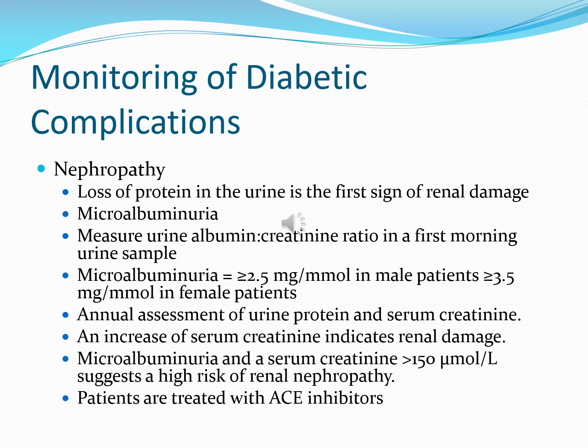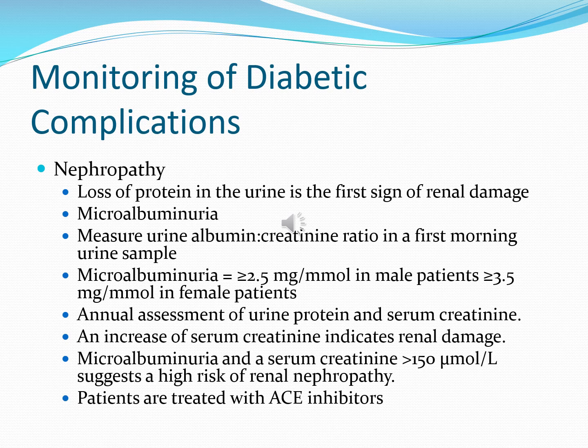So let's look at how, from a laboratory perspective, we can monitor some of the diabetic complications. First of all, nephropathy. So this is damage to the kidney. The first sign of nephropathy, the first sign of renal damage, really is the detection of protein in the urine, and this can be defined or determined as microalbuminuria.